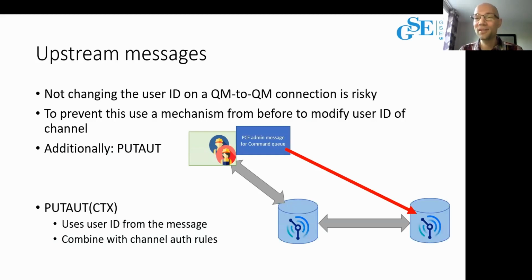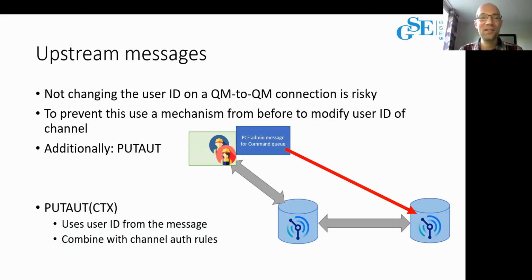I think that's what we say on this slide. Do put something in place to secure your connections. This is specifically talking about a connection between a queue manager and another queue manager, but of course you really do need to put something in place to configure the authentication for channels that are coming in from applications as well.